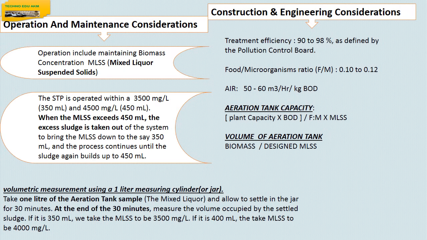When the MLSS exceeds 450 ml, the excess sludge is taken out of the system to bring the MLSS down to, say, 350 ml, and the process continues until the sludge again builds up to 450.